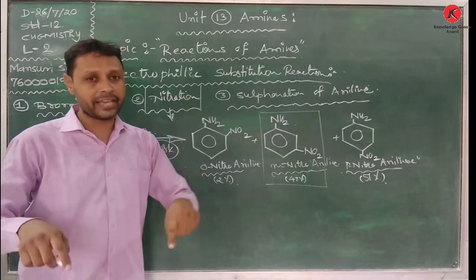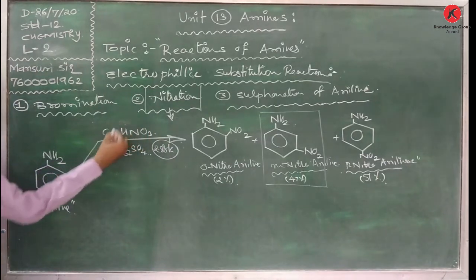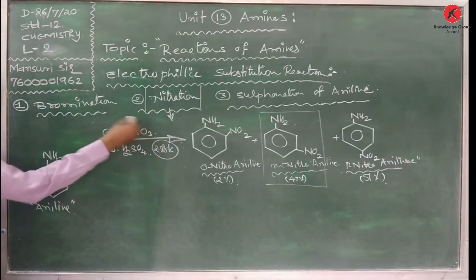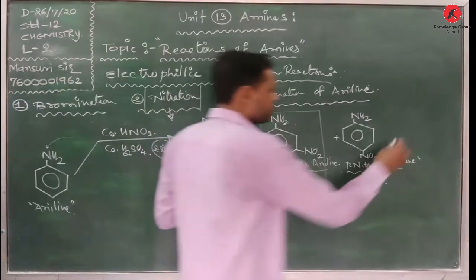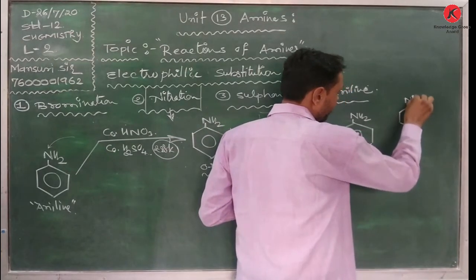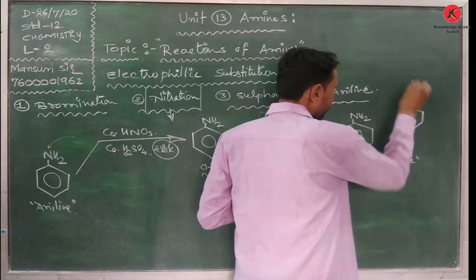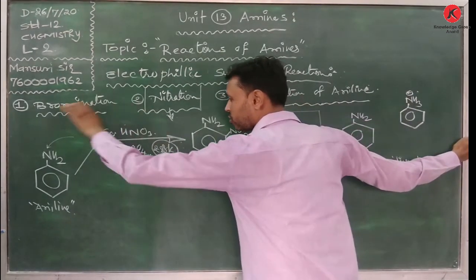Why? Here the hydrogen of this nitric acid and H2SO4 goes on the nitrogen. That is why aniline is converted into anilinium ion. So this hydrogen is going toward the nitrogen.